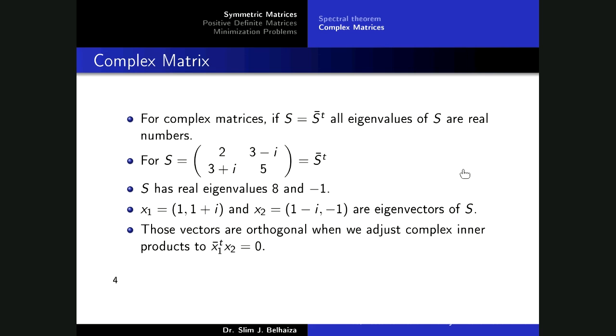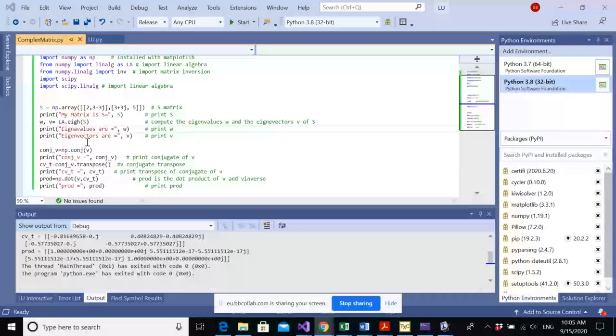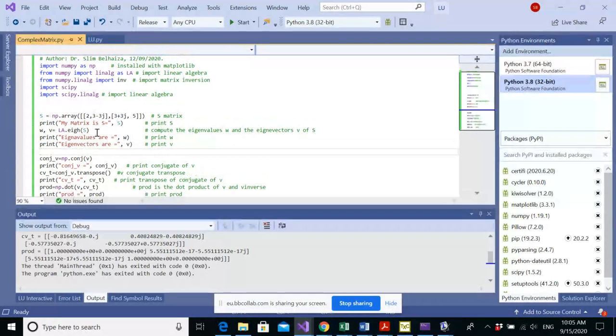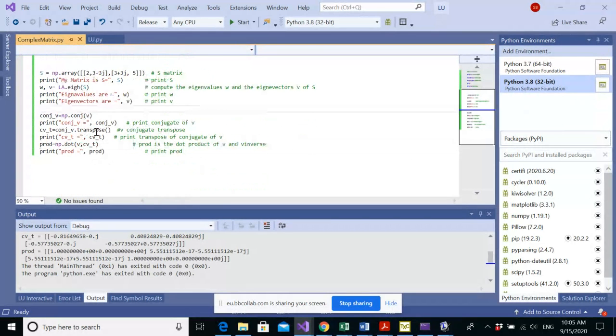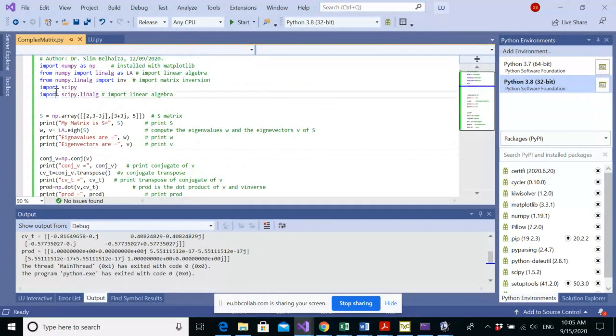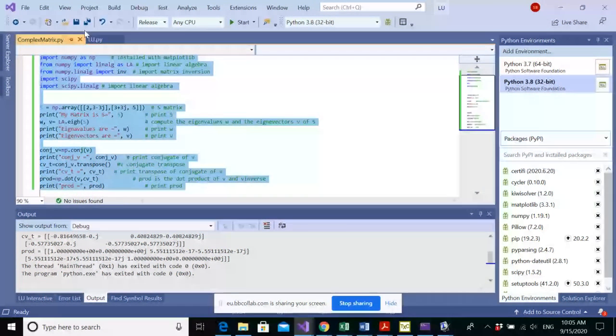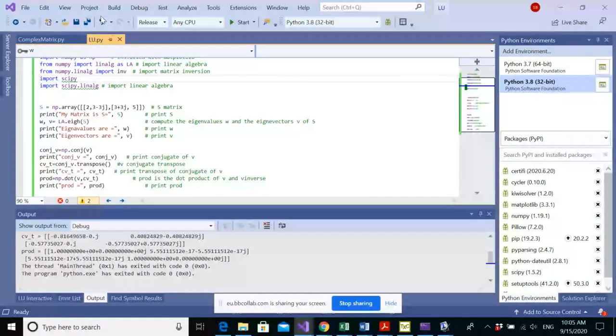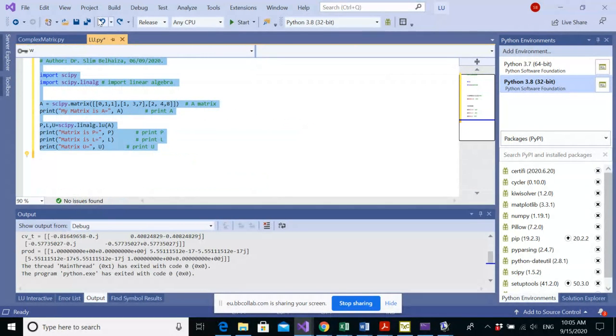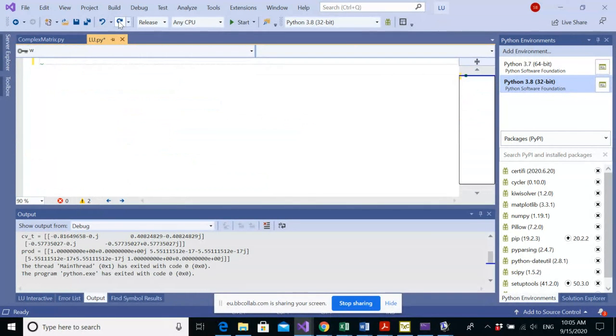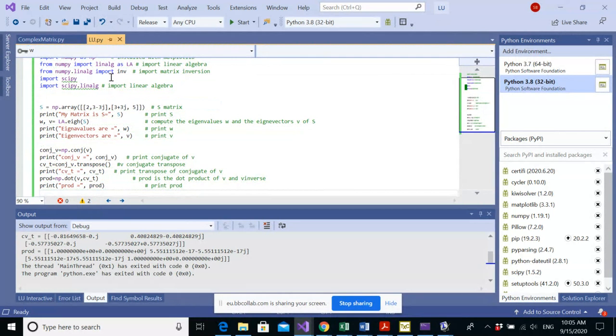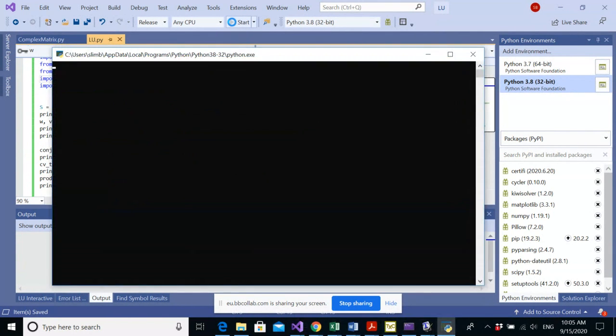So if you do that, you'll see that the product of the two eigenvectors returned gives the identity matrix, in fact.